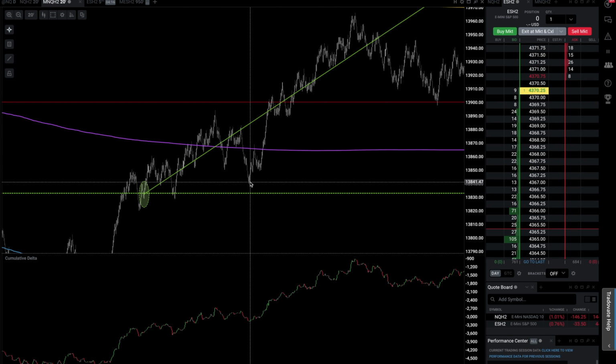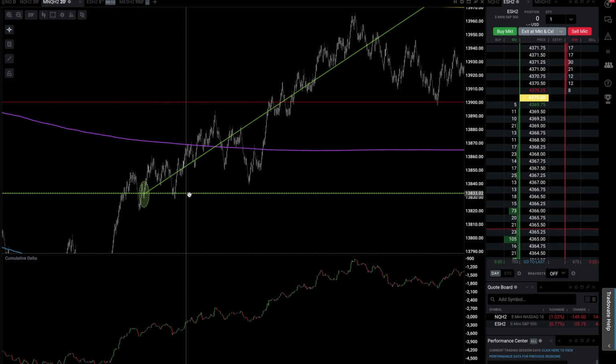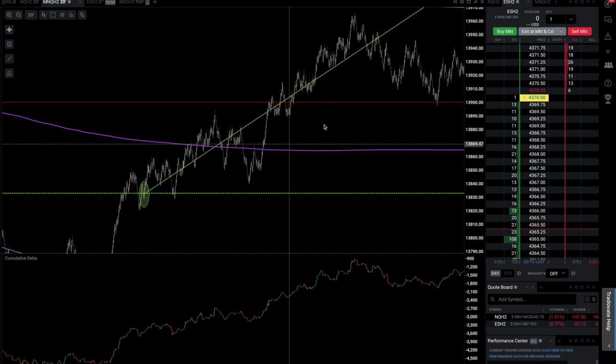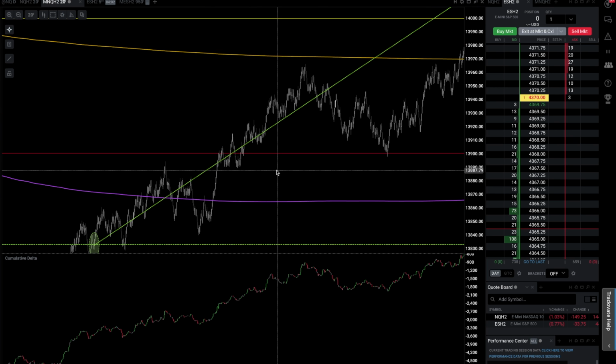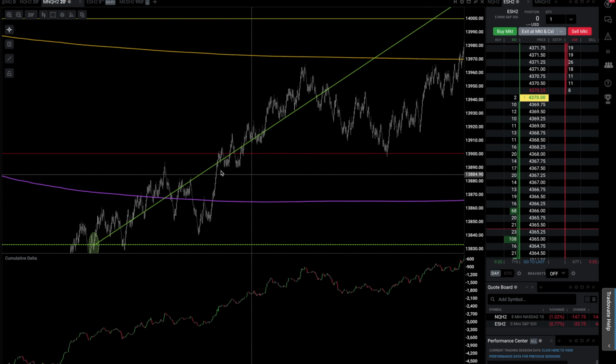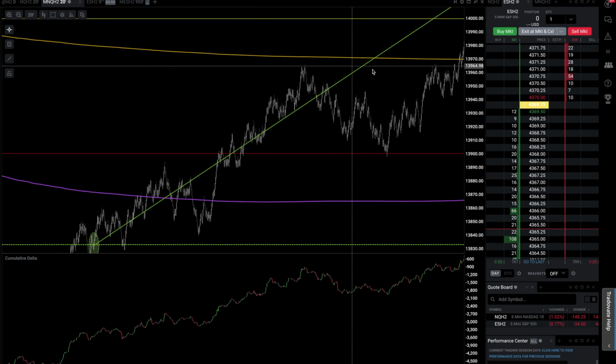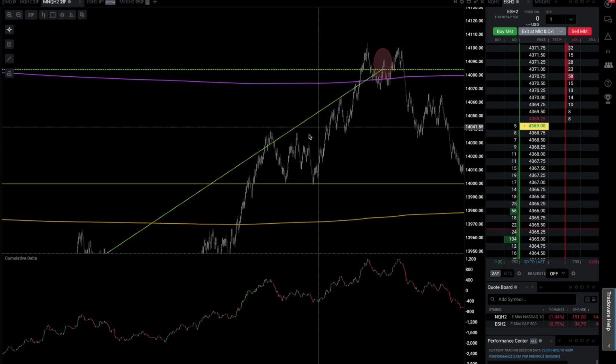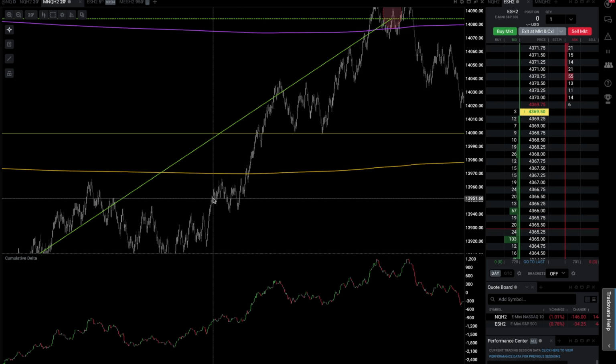I didn't get out here because we didn't come close to my initial entry, and so I just waited for a bit, and it paid off because we just kept going up, and we went all the way up until this area.